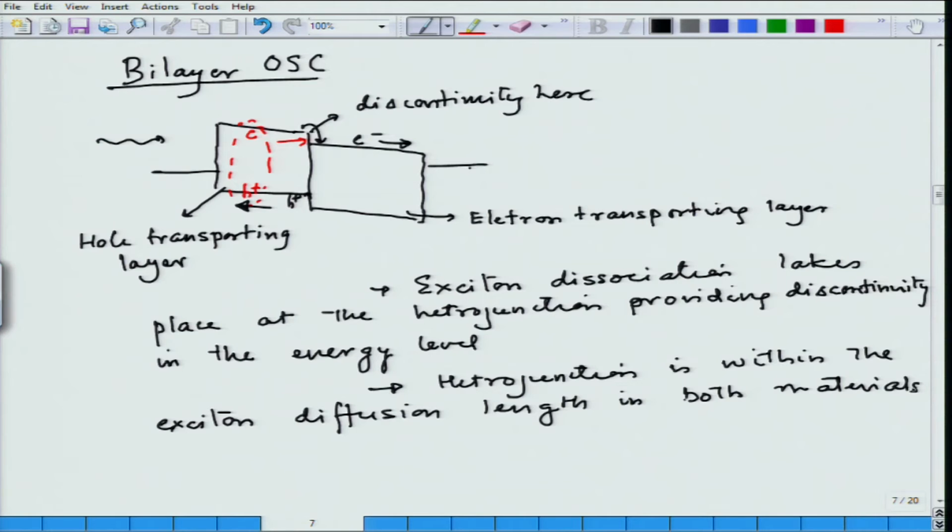Now, by doing this bilayer, one improves the collection of free electrons and holes, and the efficiency of the bilayer organic solar cell is better than a single layer organic solar cell.